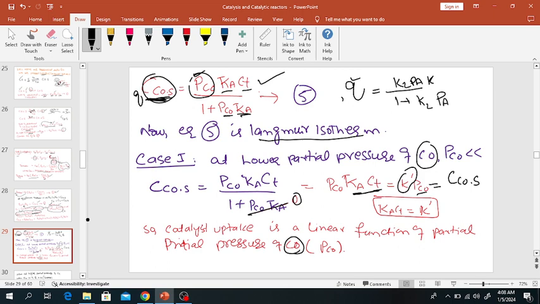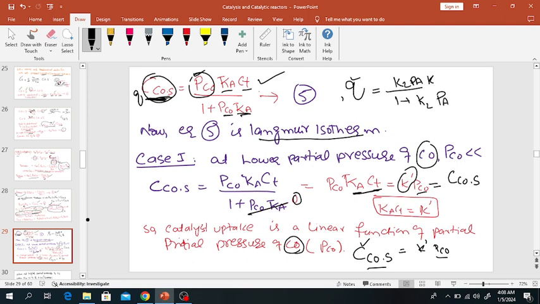The carbon monoxide molecules are adsorbing on the catalyst, and the catalyst uptake is this one. It is a linear relation with some constant. So when the partial pressure of carbon monoxide increases, the catalyst uptake will also increase. This is case number 1, at low partial pressure of carbon monoxide.